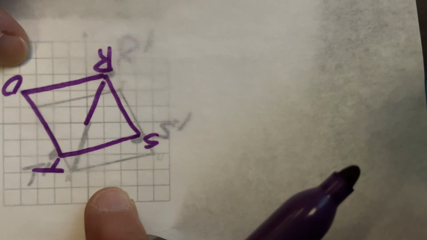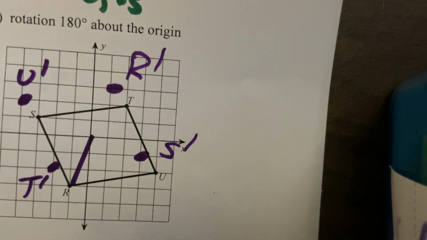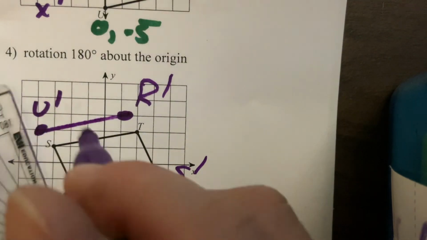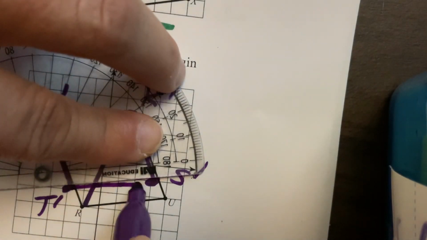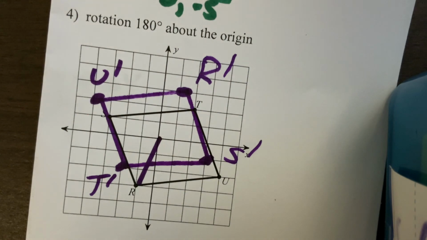Some of you are probably already done and sitting here waiting on me because I really am not good at doing it this way. It's going to be a little messy. You're not going to like the looks of it because it's rotated on top of itself, but it is correct.